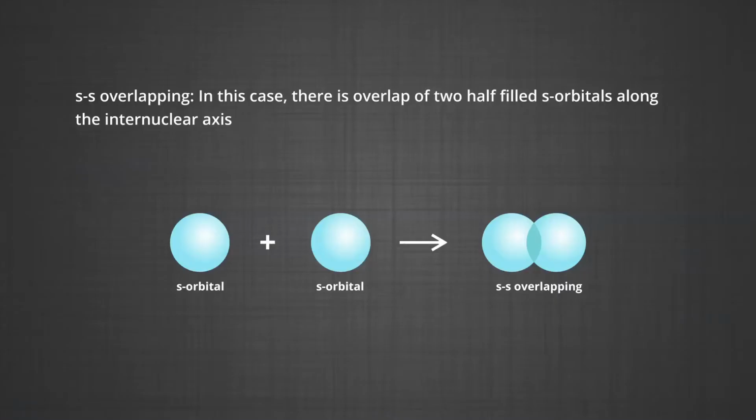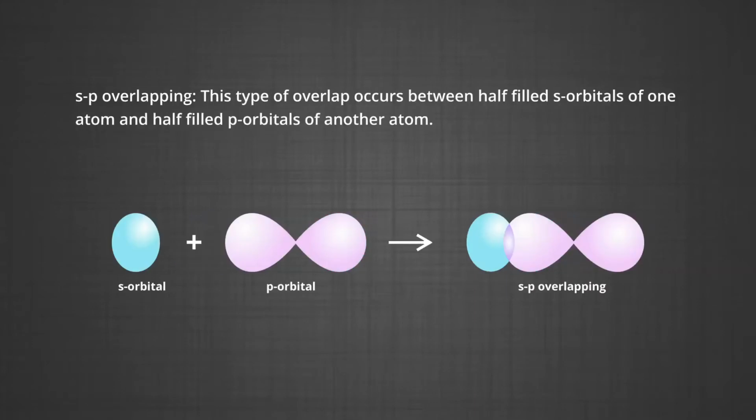s-s overlapping. In this case, there is an overlap of two half-filled s orbitals along the internuclear axis as shown below in the figure. Now, s-p overlapping. This type of overlap occurs between half-filled s orbitals of one atom and half-filled p orbitals of another atom.